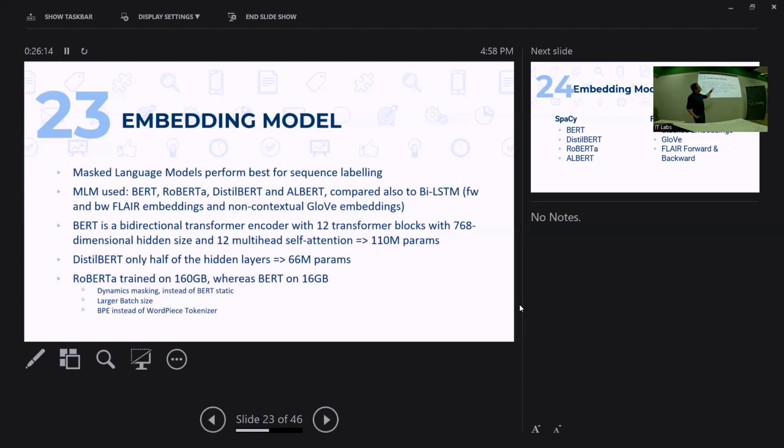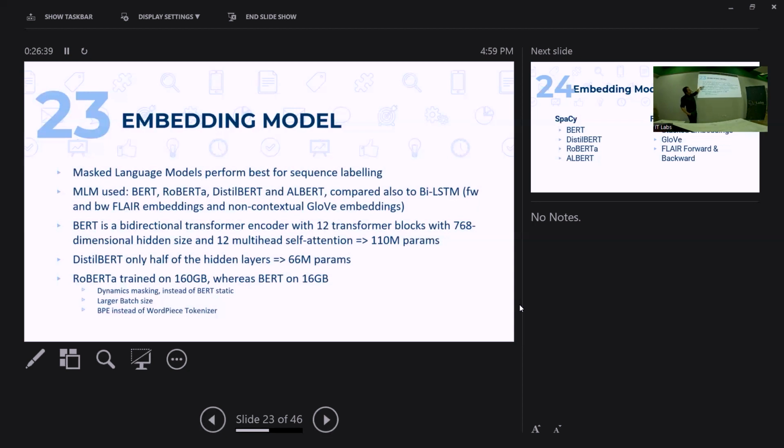And we use ALBERT, which I will not speak about much because it didn't give good results. We also compare it to a non-transformer architecture, a deep network, the bidirectional LSTM, where you train the LSTM in two directions in order to predict the entities.